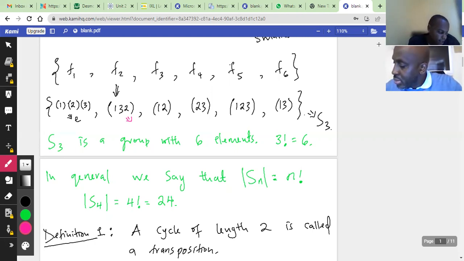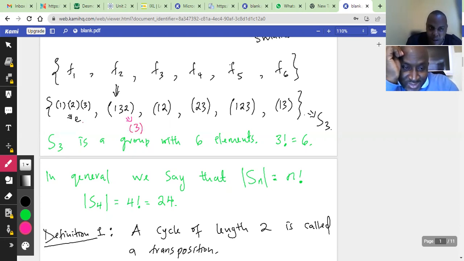Not really, but it's isomorphic to D3. So the order between these two will be 2 and 3. The order of (1 2 3) is 3, I think so.